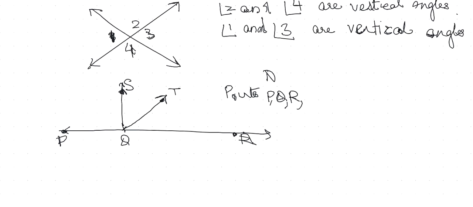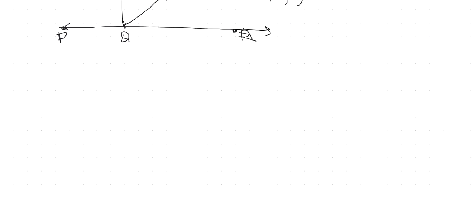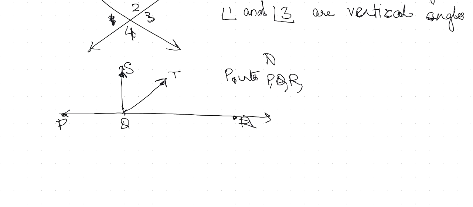What we cannot assume is that PQ is congruent to QR, and we cannot assume that angle SQT is equal to TQR, and we cannot assume that SQR is perpendicular.